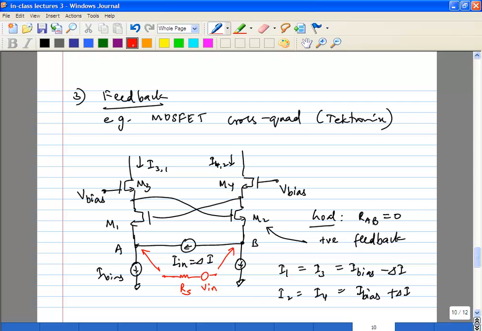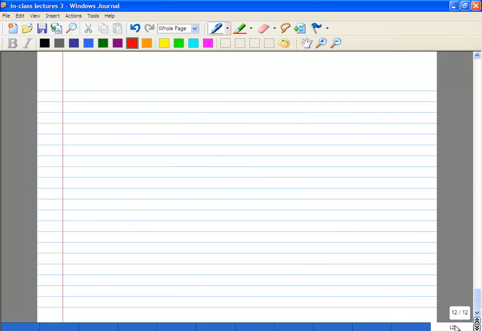Now we are going to put in the real V in and RS there. What is the output current? V in over RS, right? Which means it's extremely linear. Okay, so let's see.